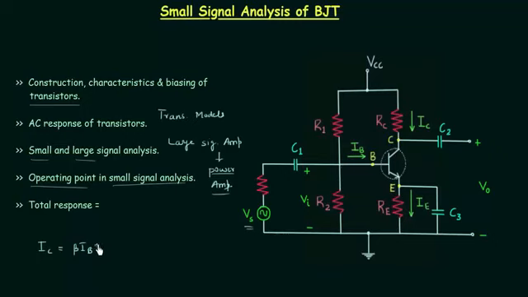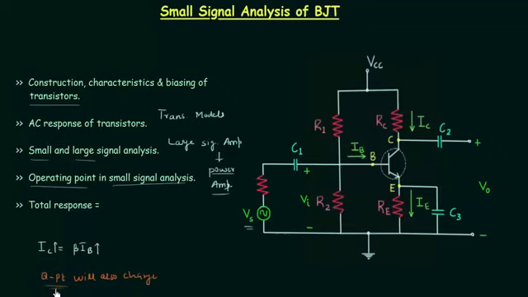If IB increases, this implies the collector current will also increase, and when collector current changes, the operating point, that is Q point, will also change.